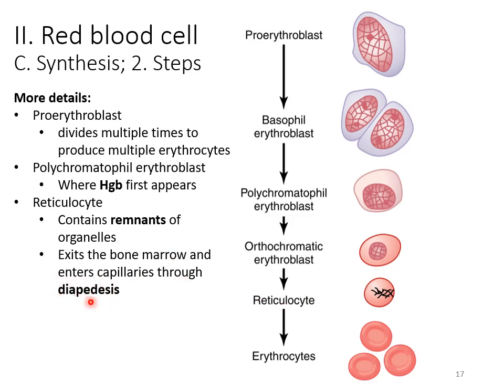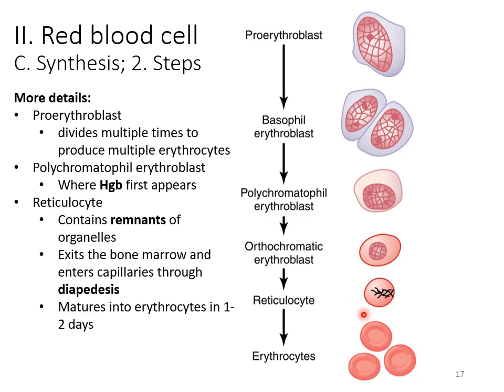Diapedesis means the cell is able to squeeze through the capillary membrane in order to enter the circulation. It squeezes through the junctions connecting the cells that form your capillary membrane.